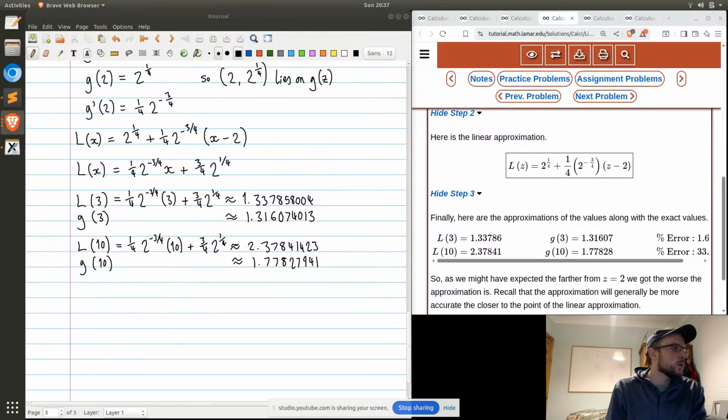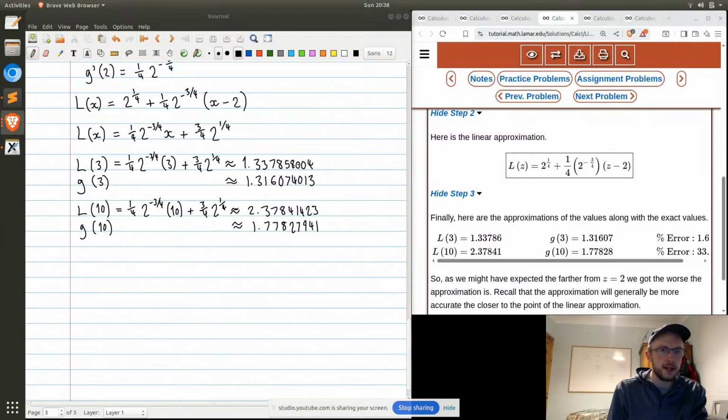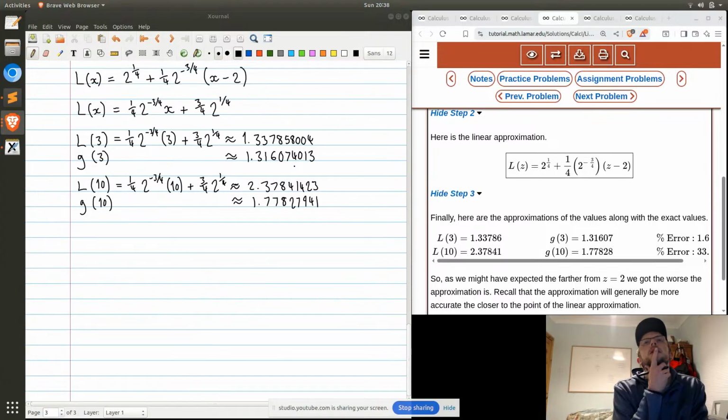Now we need to quantify how large of an error this actually is. I want to actually know what percentage of an error that actually is. So let me think. If I guessed 1.5 and the actual value was 1, the error, logically speaking, is 50%.